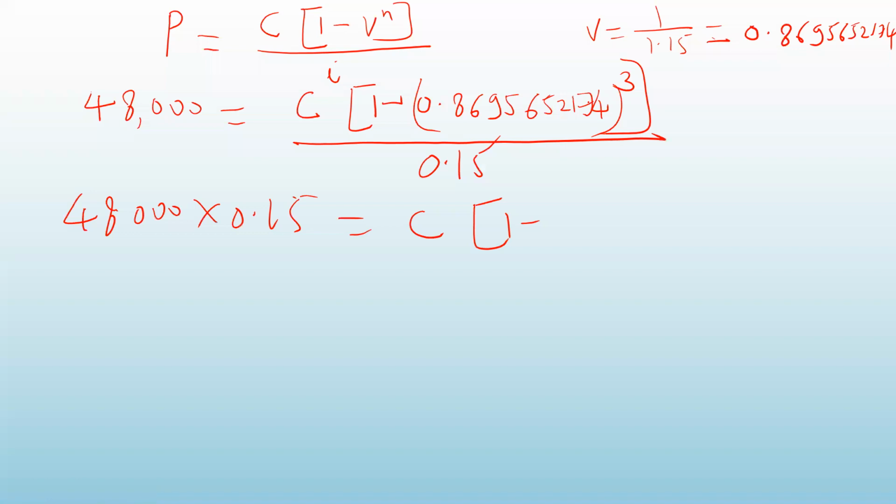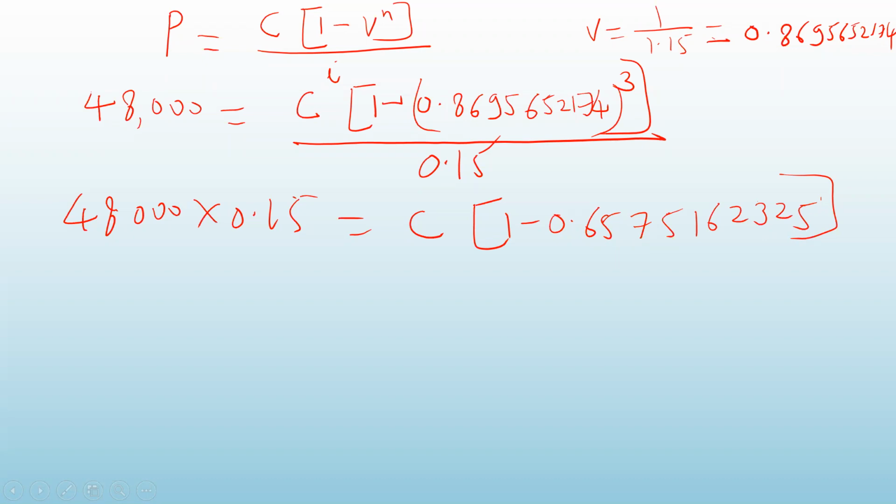0.86...). This number is already on your screen, so you can take its third power. So it will give you 0.6575162325. This number raised to power 3 gives you 0.6575162325.